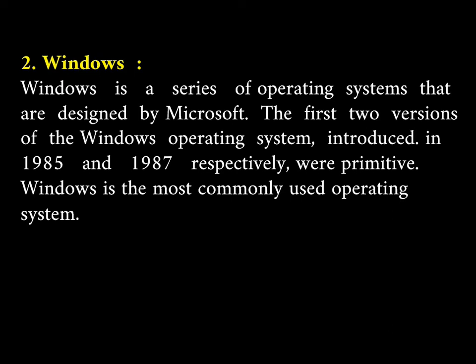Windows 16 is also available now. So many Windows operating systems are available now. But Windows is only one operating system, with different versions available. As I told you, 95, then 2000, Me, XP, Windows 7, Windows 8, and right now you are using Windows 10.